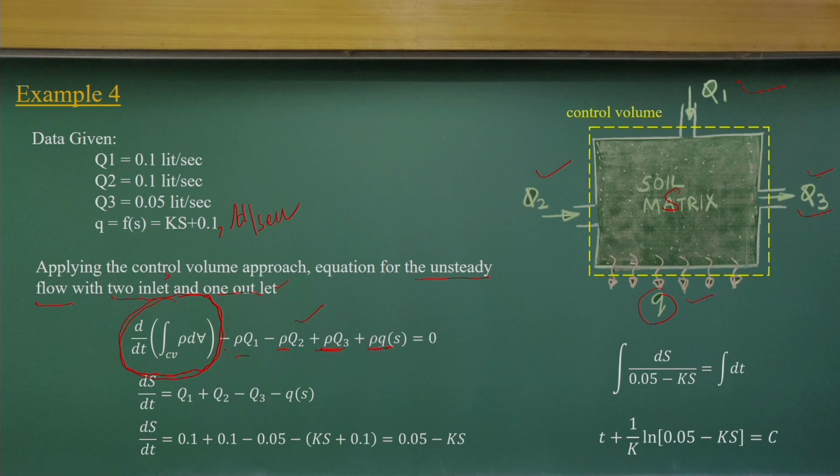So we can find Q3 and the others as mass flow in and mass flow out, and then the integration, and this part is the storage S. So dS by dt equals Q1 plus Q2 minus Q3 minus q. Rearranging and substituting this value, we get dS/dt as this function, and we can integrate it to finally get a relationship between t and S, equal to the constant C. If we have the boundary conditions, we can determine the C value, and then we know the function of S, how S varies with respect to time.